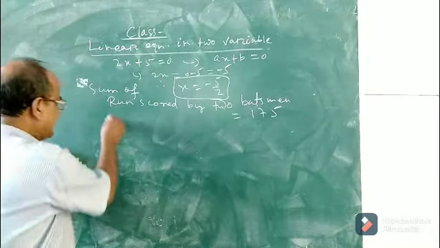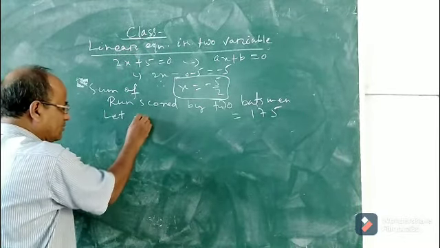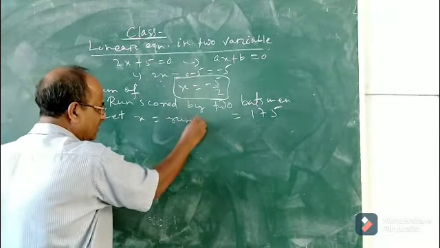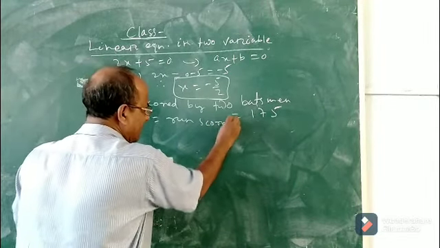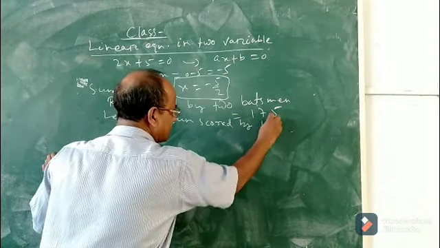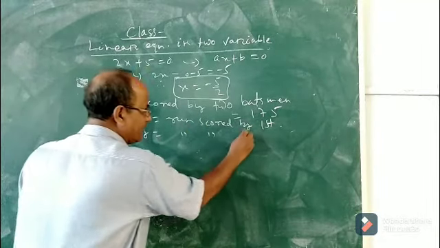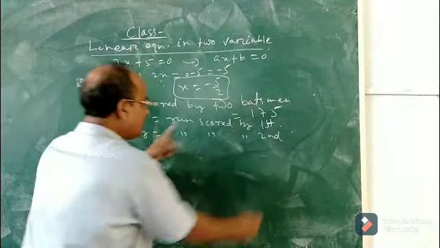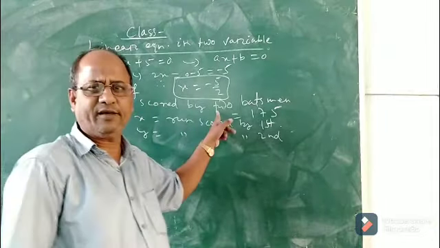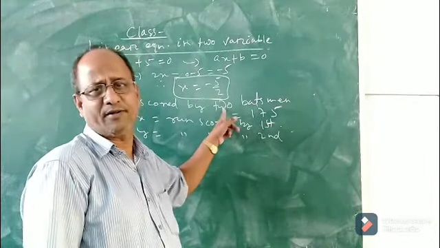So suppose we assume that x is the run scored by the first batsman, and y is the run scored by the second batsman. Then this information can easily be represented by means of an equation.